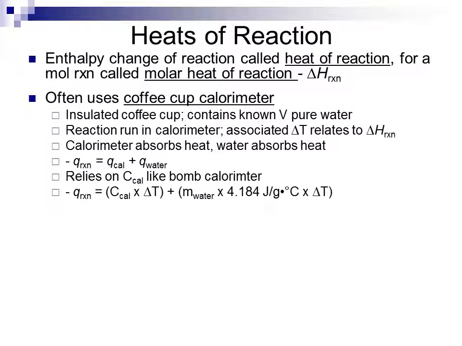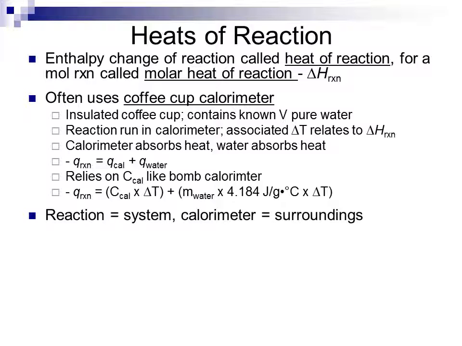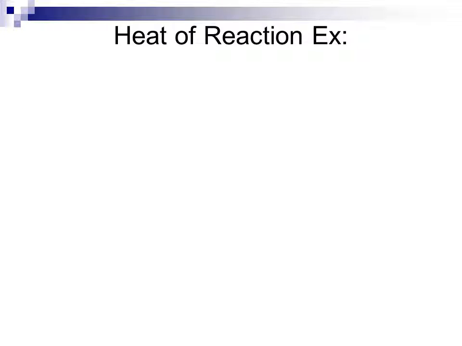Thus, the change in heat of the reaction will be equal to the calorimeter constant times the change in temperature plus the mass of the water times the specific heat of water times the change in temperature. In this process, the reaction is the system and the calorimeter is the surroundings. The enthalpy of a reaction process like this, the molar heat of reaction, will be the heat of the reaction divided by the number of moles involved.